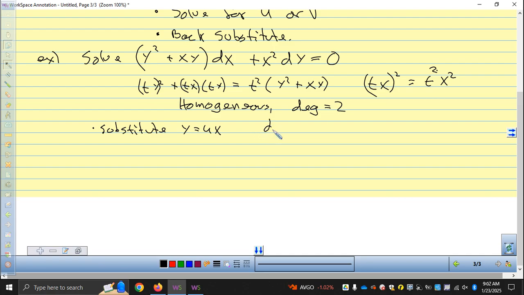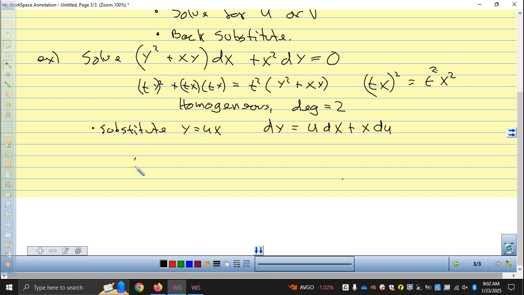So we need to substitute for dy also. dy is going to be u dx plus x du using the product rule. So now I'm going to substitute into the equation.